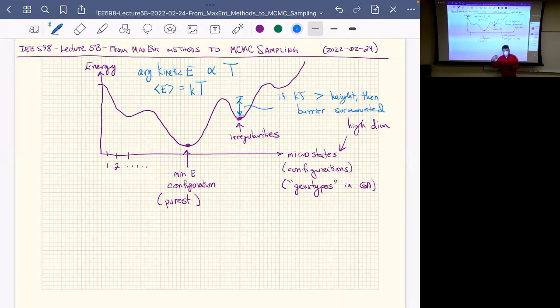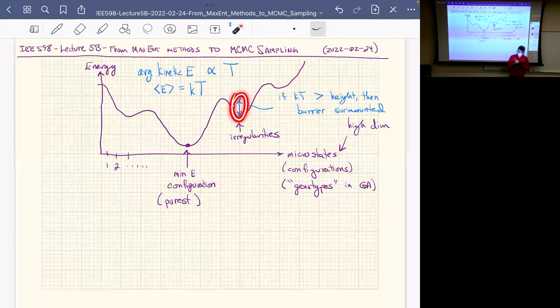Otherwise, you might stay in that barrier. In other words, if the average energy available to the microstates is greater than this height, you will tend to go over it and find your way into adjacent valleys of this energetic landscape. But if the temperature is very low, there's not enough energy available and you get stuck, just bouncing around inside this one. So you get trapped in a local minimum.